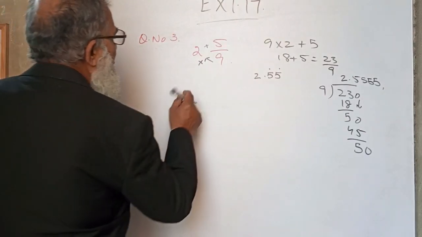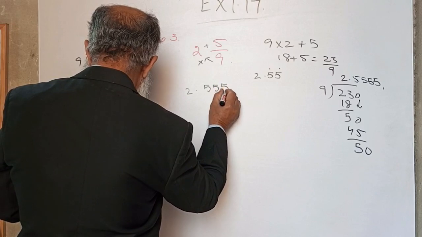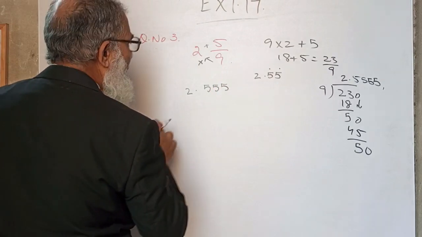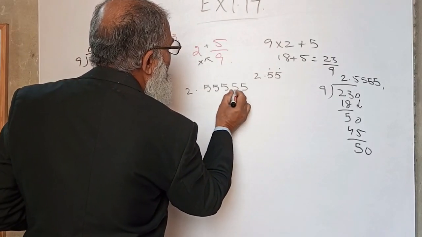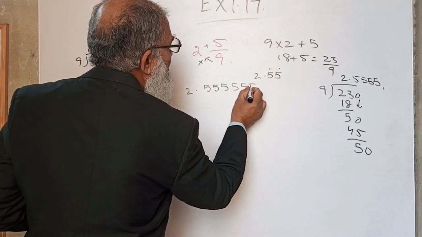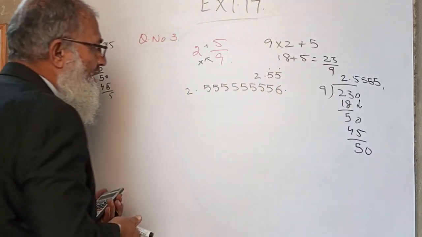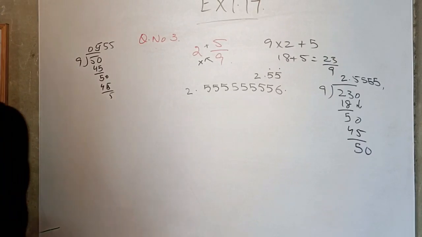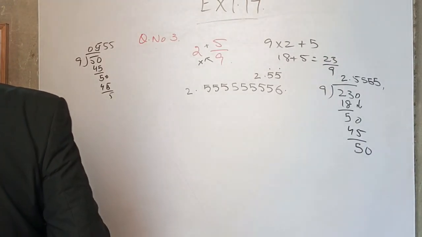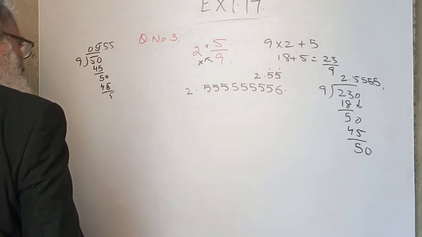Now you see that the answer is 2.555. How many fives are there? These are 8 fives: 1, 2, 3, 4, 5, 6, 7, 8. Now the question is, we have to express the answer correct to 3 decimal places.